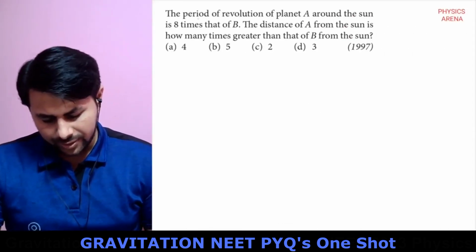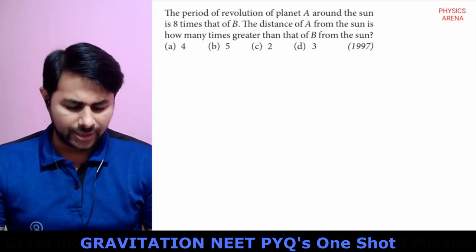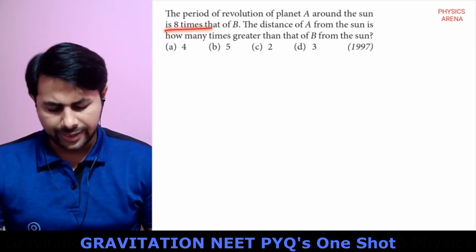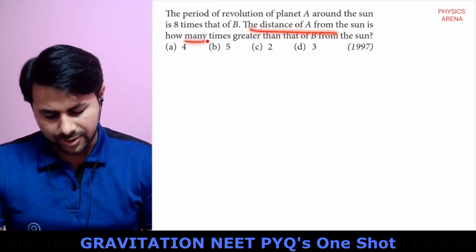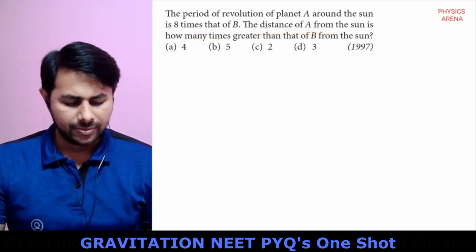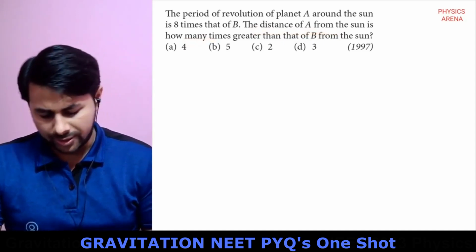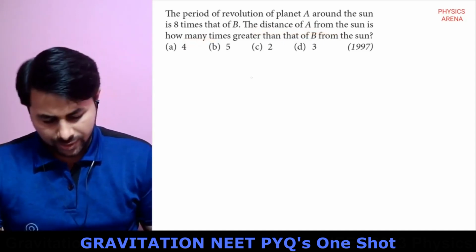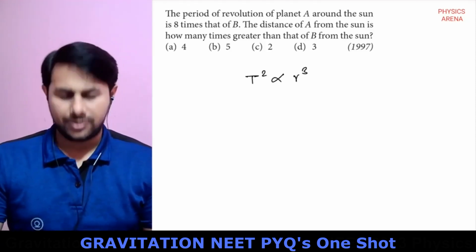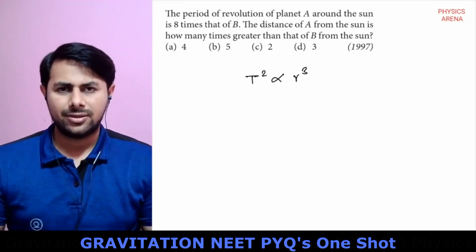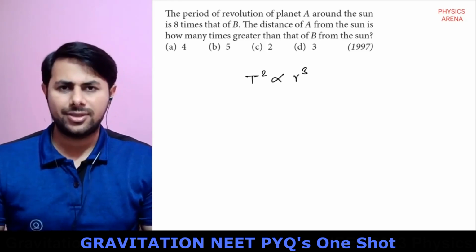Next one. The period of revolution of planet A around the Sun is 8 times that of B. The distance of A from the Sun is how many times greater than that of B from the Sun? We know T square is directly proportional to the average distance cube.